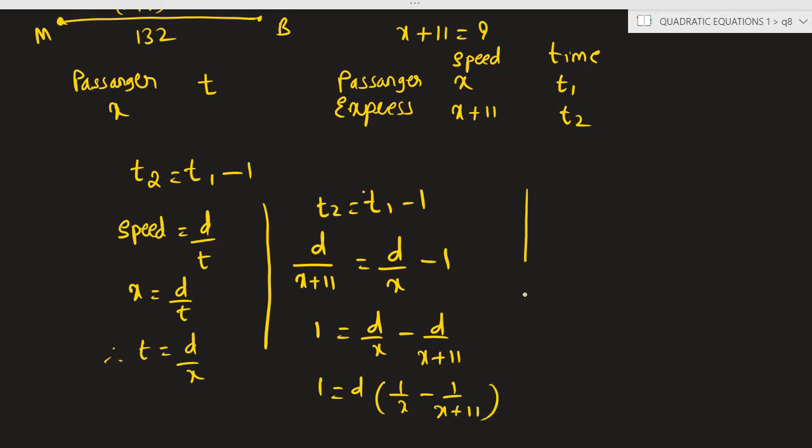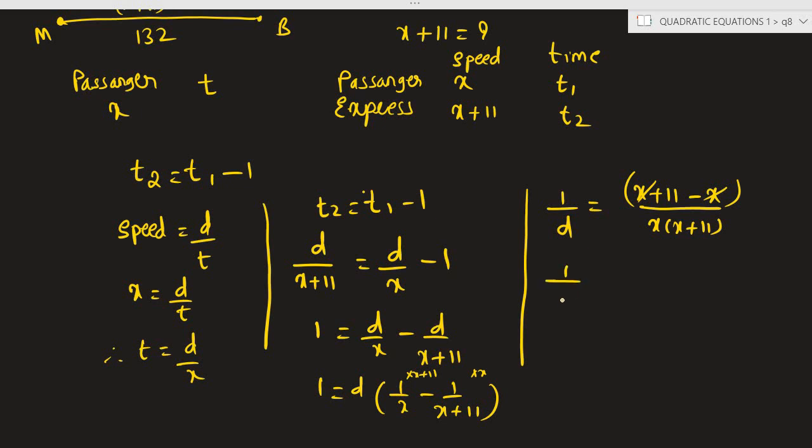And therefore what happens now? You take d to the left hand side, 1 upon d is equal to, what is the LCM among these two? x into x plus 11. You multiply here with x plus 11 and x, and get x plus 11 minus x. Now x minus x cancels. 1 upon d is equal to 11 upon x into x, which is x square plus 11x.